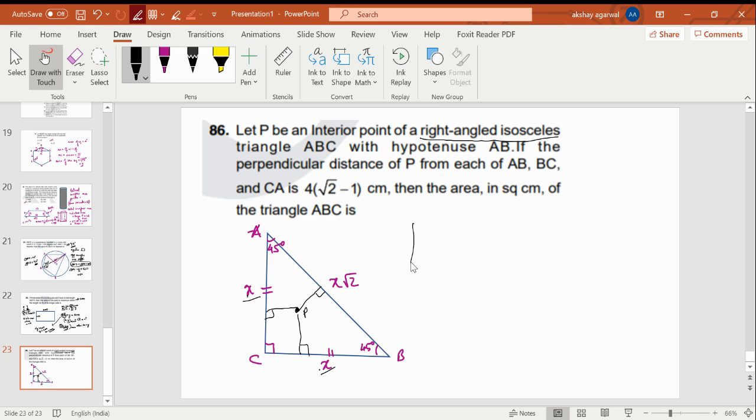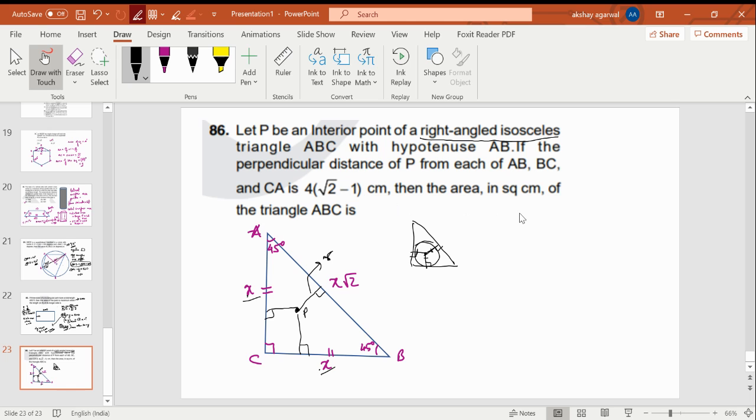In any triangle, whenever you draw an in circle, the in radius is the perpendicular distance of that point of the center from all the three sides, and it is equal. So this point P is the in center, and these distances are nothing but the in radii that we generally represent by small r.